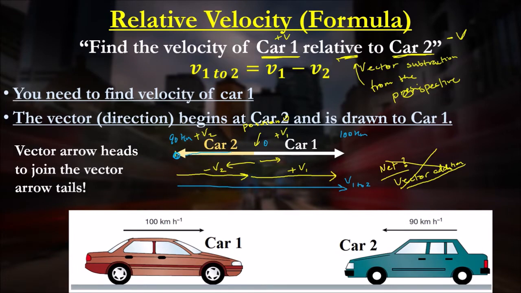It's looking back at where car 1 is. So from there to there, you'll get 190 kilometers. So 190 kilometers after 1 hour based on the perspective from car 2 to car 1. And in this particular direction, we can say car 1 has gone relatively speaking to car 2, 190 kilometers east. That was how we do the one-dimensional stuff.